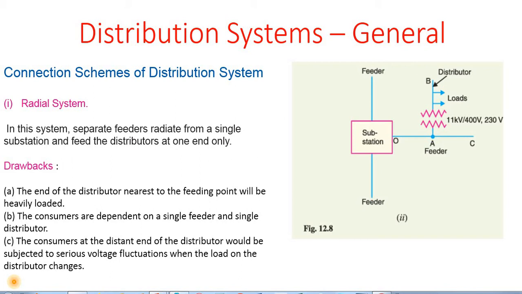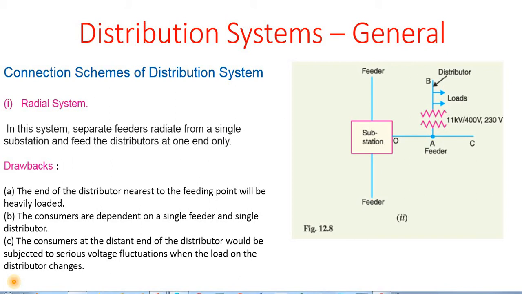The very first one is the radial system. We will discuss it at length, and then there is the ring main distribution system, and the final one is the interconnector system.